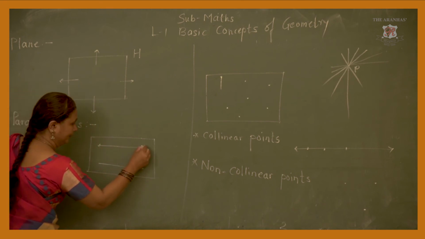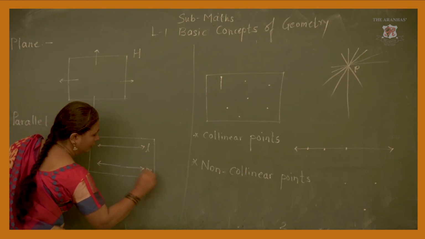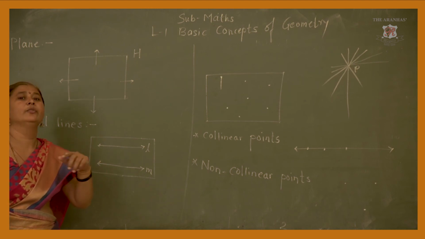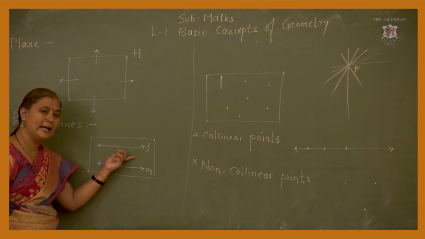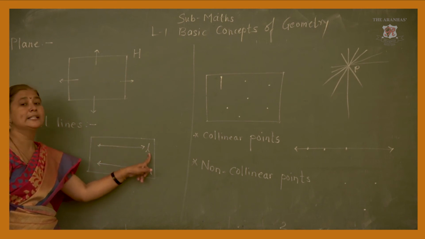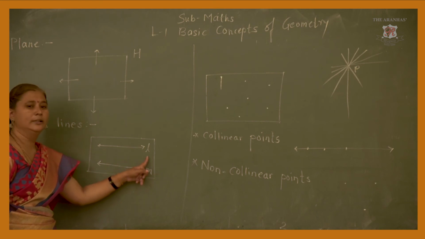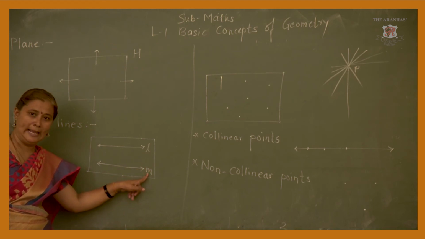Now see here, these are two lines. Very first, I told you that we can write the name of a line with two capital letters or one single small letter. So here I took small letter l and small letter m.